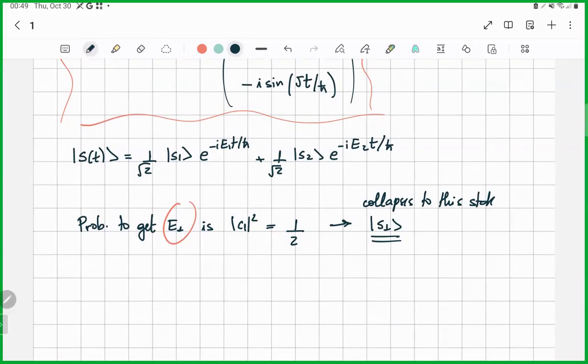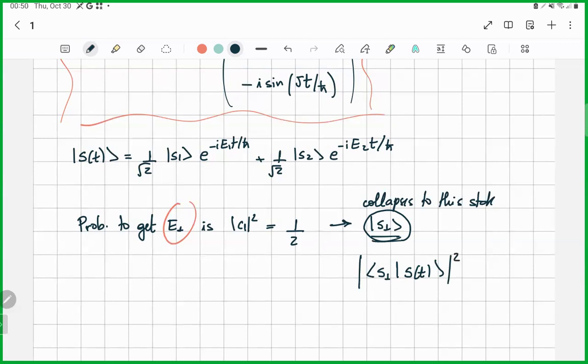So the probability to get this state at the end is how much of it lives in this S(t), how much of it contributes to this S(t). So the inner product, but the inner product absolute value square.